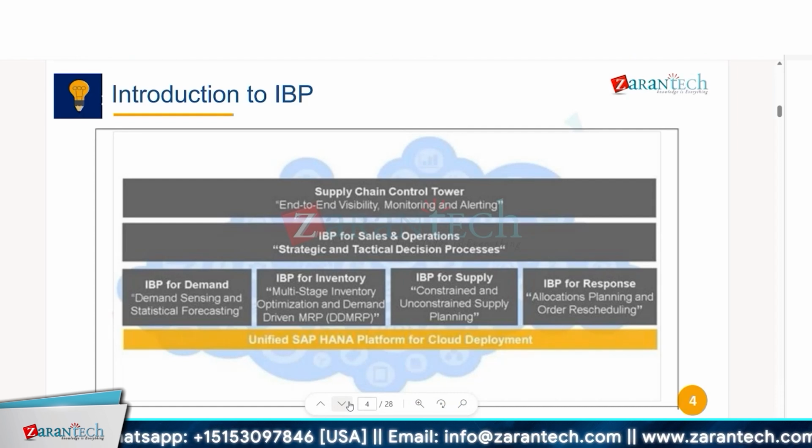So for the demand review, generally the participants who conduct the demand review consist of a demand manager. The demand manager is the person who is basically the head of demand planning. Then the commercial manager. The sales manager, who is responsible for customers and generating the sales.